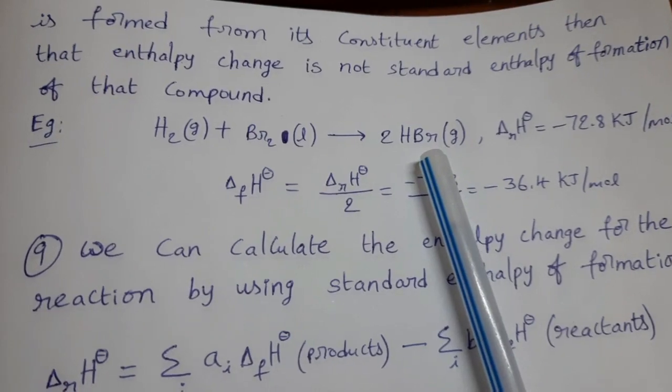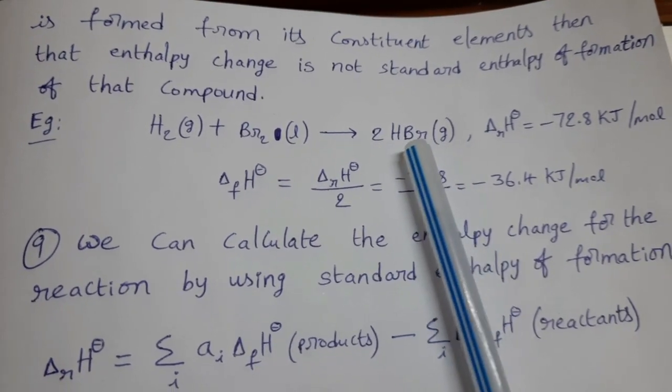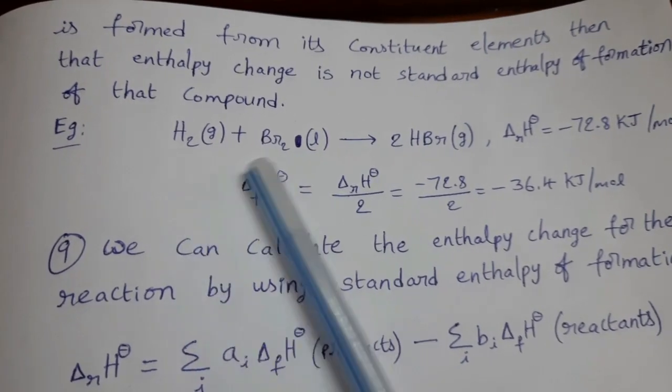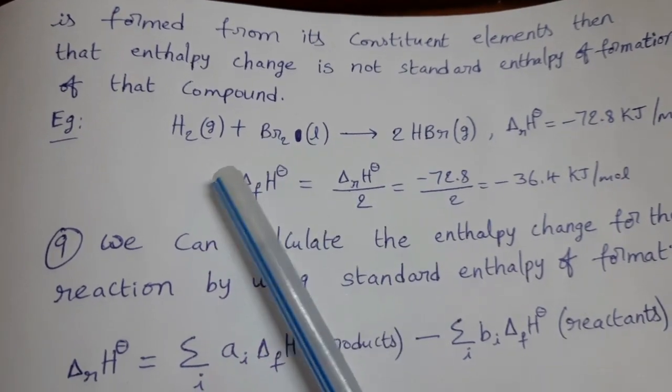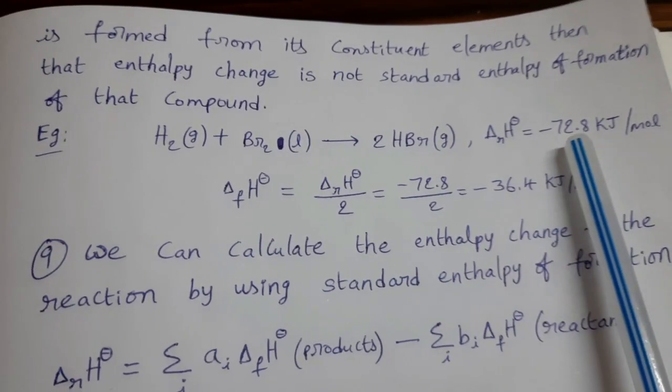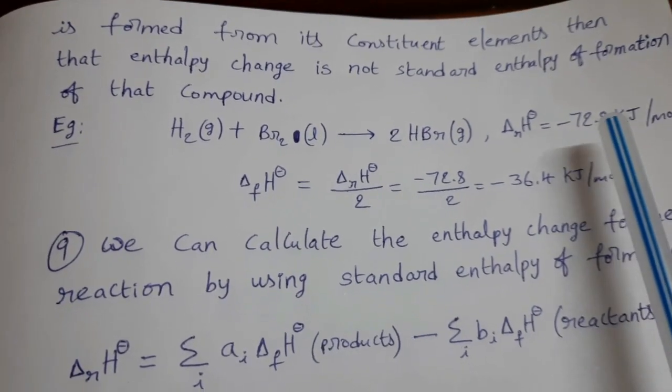Here, how many moles of HBr are formed? 2 moles. From where is it formed? From the elements hydrogen and Br2. From the constituent elements, 2 moles of HBr are formed. That's why this is not the standard enthalpy of formation.